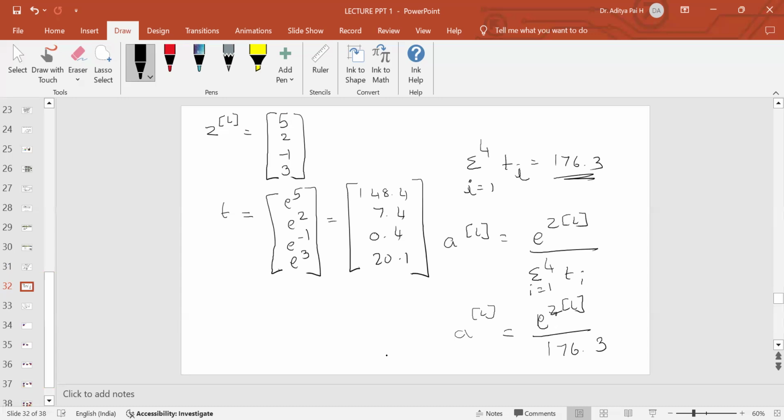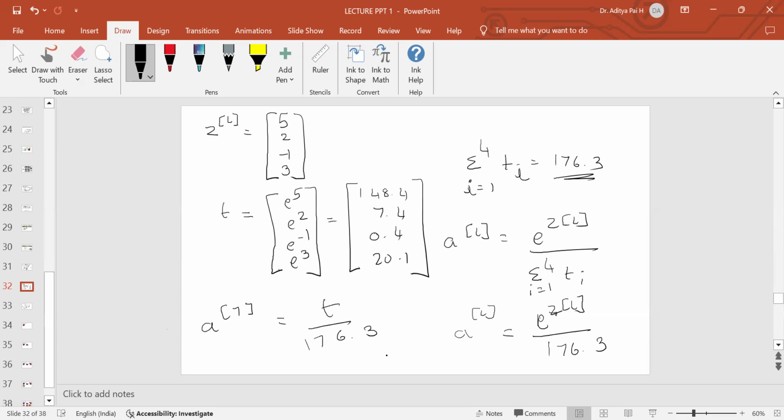So this can be written as A of L equal to T divided by 176.3. Now why is it T?